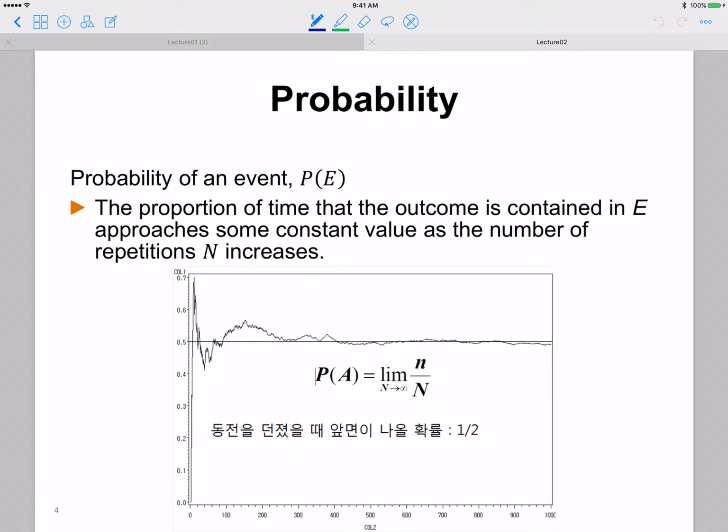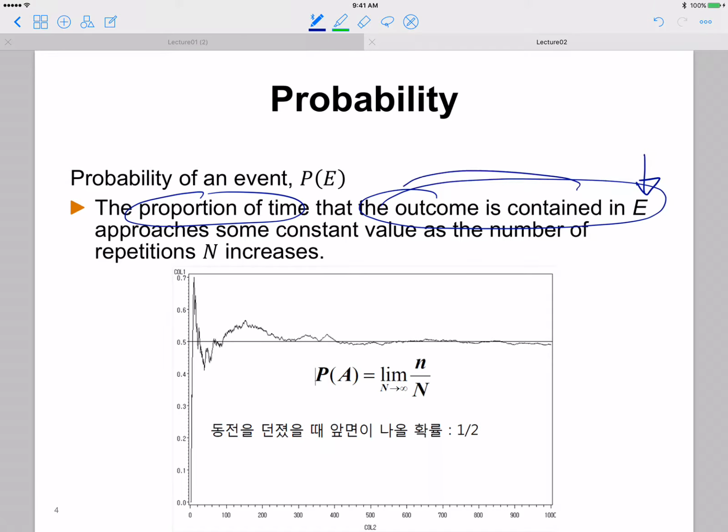Then the probability. You know the idea of probability: the proportion of time that the outcome is contained in E, our event that we defined already.